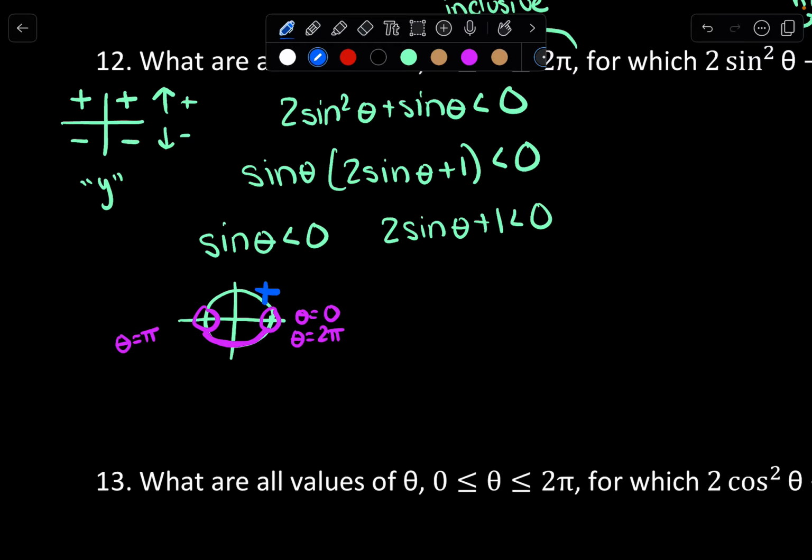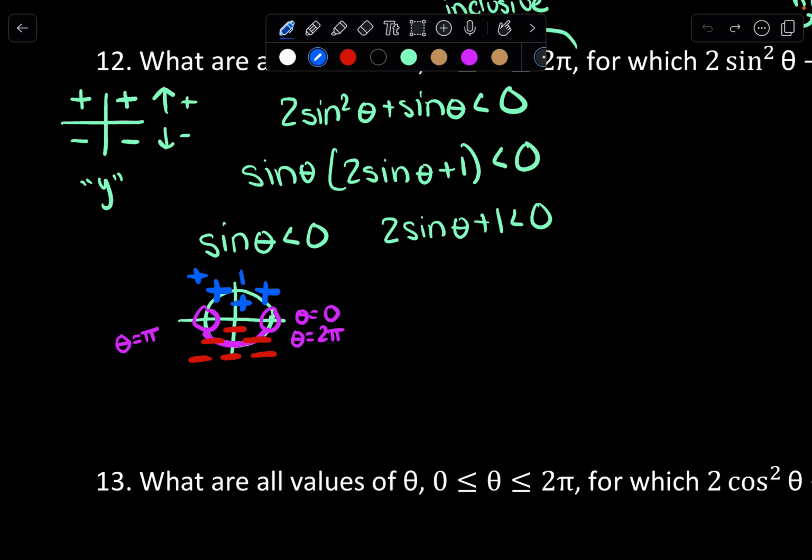It would actually be greater than 0, so it would be positive. But if I were to include theta between pi and 2 pi, it would satisfy the inequality because sine theta would be less than 0. So I'm going to put a bunch of negative symbols down here, and a bunch of positive symbols up here. And we'll see why in a second.